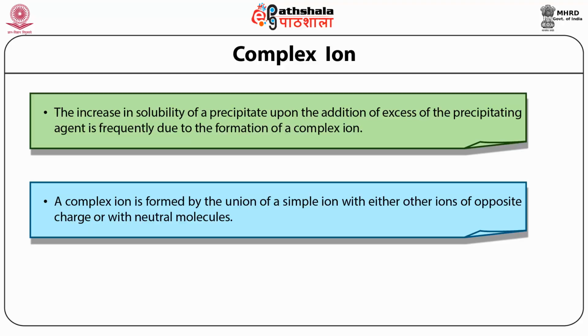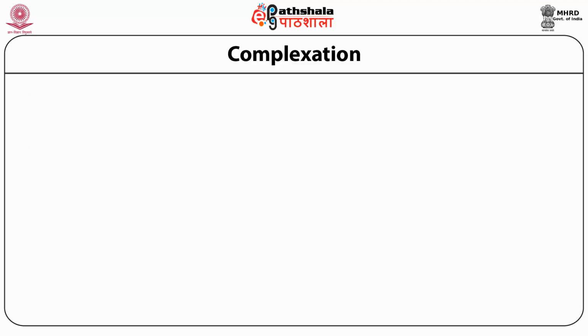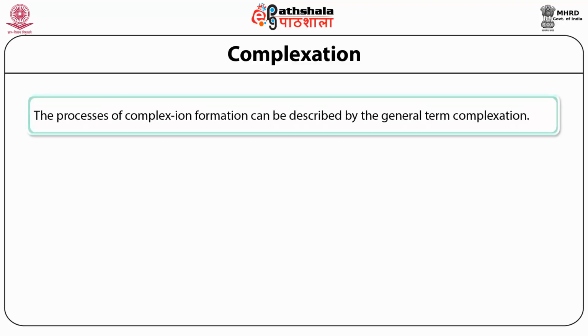The application of complex ion formation in chemical reactions depends upon the fact that one component may be transformed into a complex ion which no longer reacts with a given reagent, whereas another component does react. Complexation. The process of complex ion formation can be described by the general term complexation.